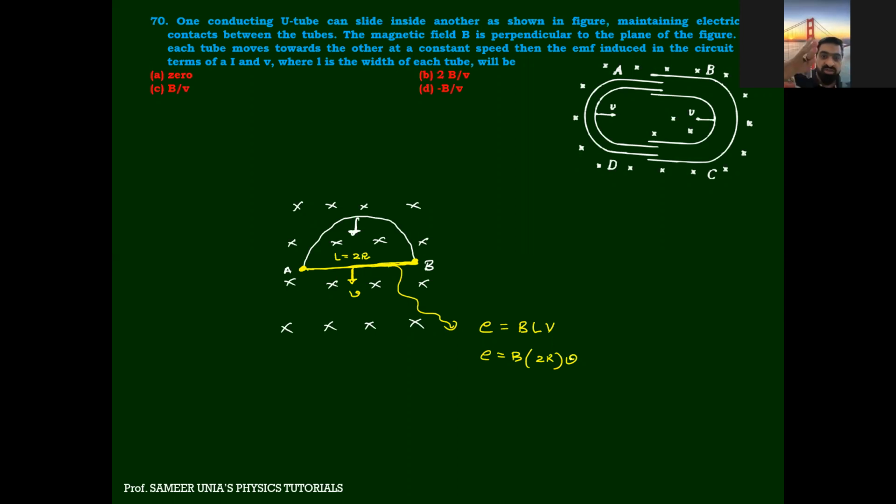I had told you to use the Handwaller rule. So where is the magnetic field? Inside. Where is the velocity? Down. So can I say this is my palm going this way? So this end will be plus and this end will be minus. Means this will be represented like a fictitious battery whose EMF is going to become B2RV.